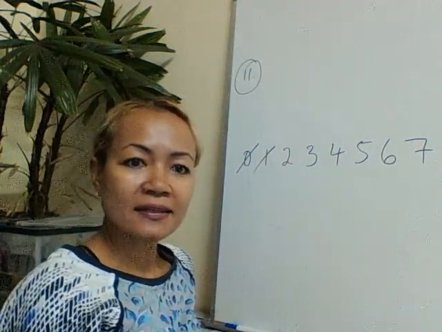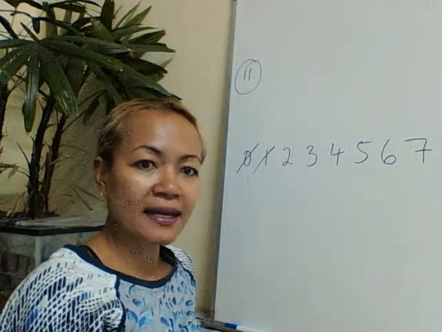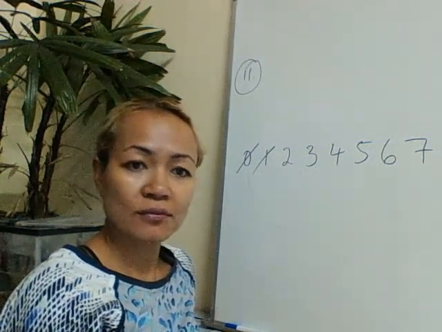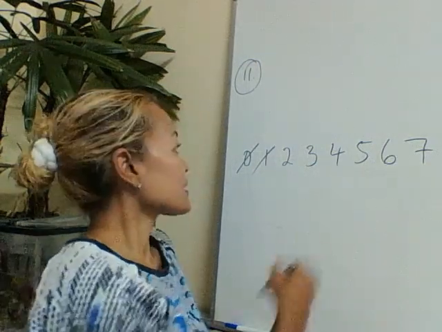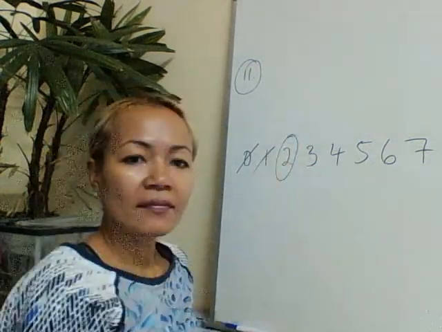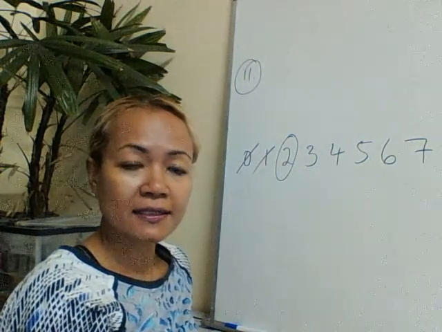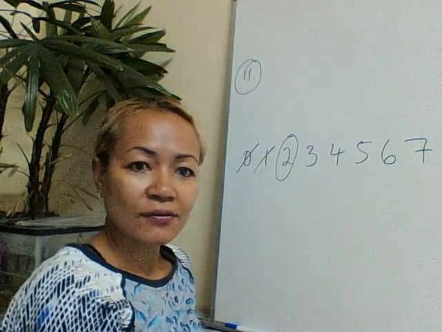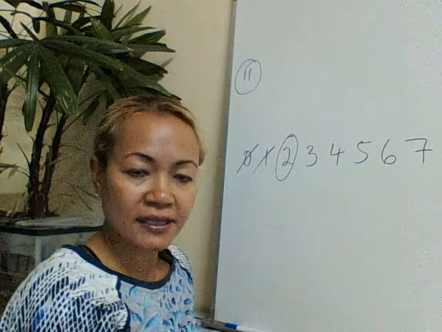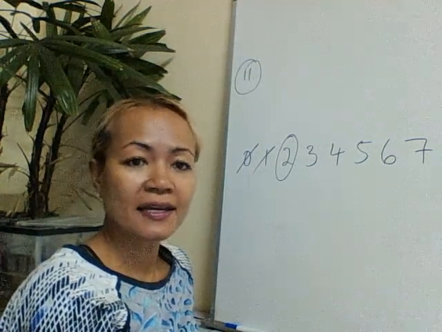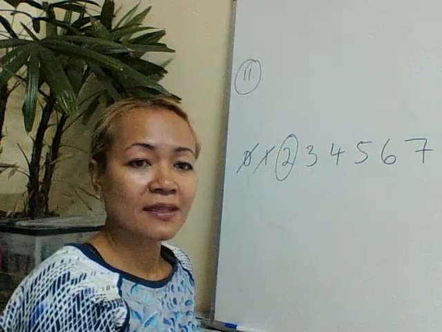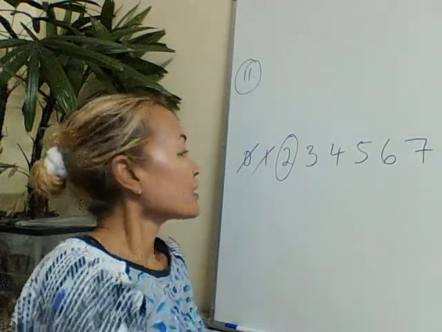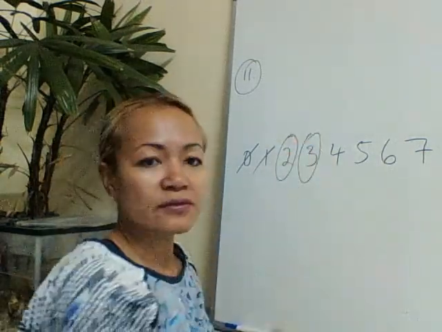Can you get 2 from multiplying any other two numbers? No. No other two numbers you can multiply to get 2. So that's the first one. What about the next number, 3? 3 times 1, yes, you can get 3 that way. Can you get 3 any other way? 2 times something or no. It's only 3 times 1. So that is also a prime number.